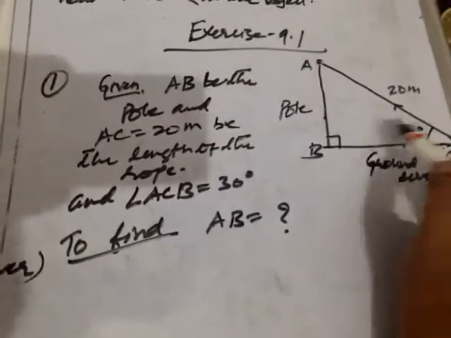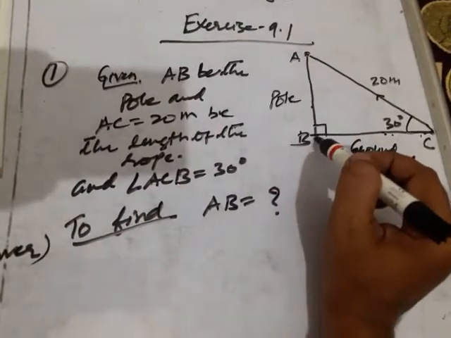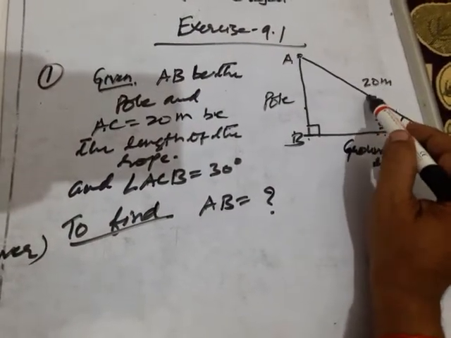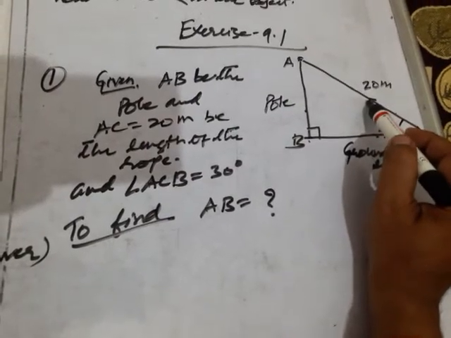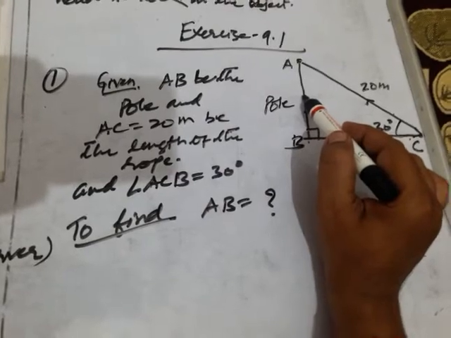Now here children, you see that triangle ABC is a right angle triangle, right angled at B. Here the hypotenuse is given, and the perpendicular is asked, the perpendicular is required.